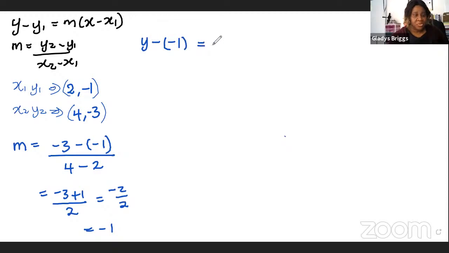Is equal to -1 times x minus x1, which is 2. Yeah? y minus y1, so y plus 1 is equal to -x plus 2.